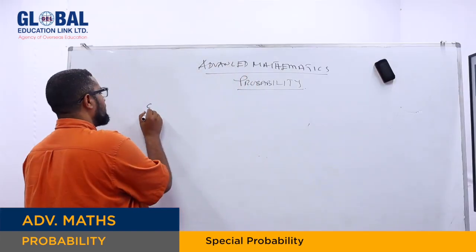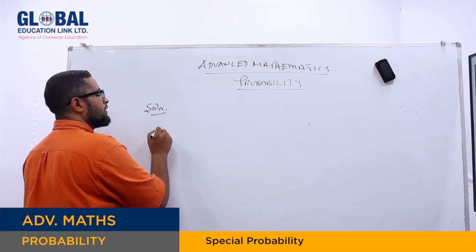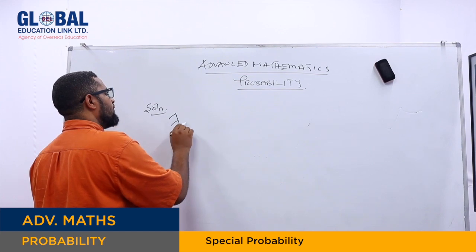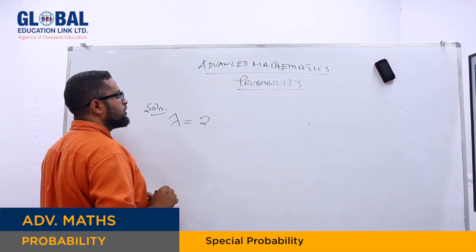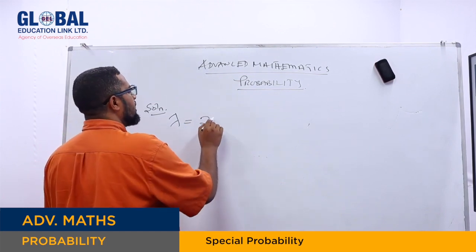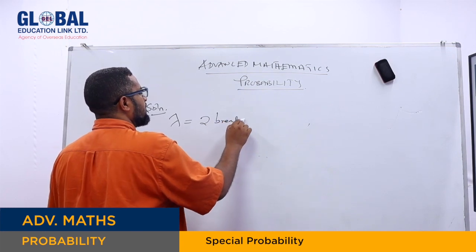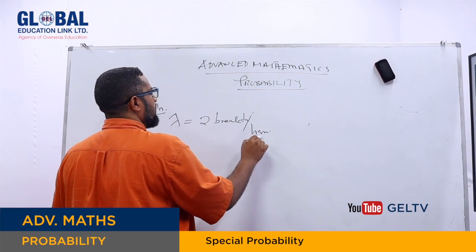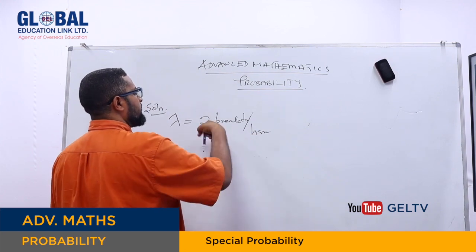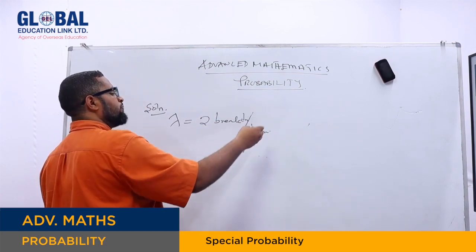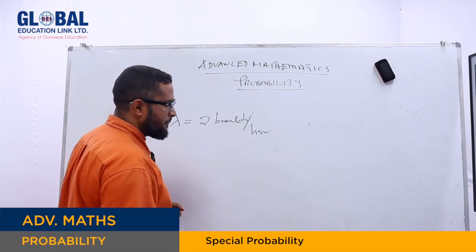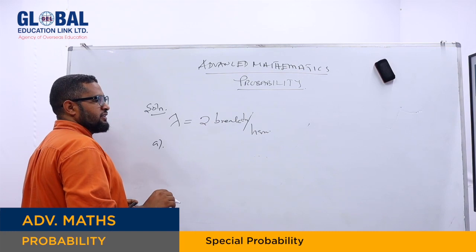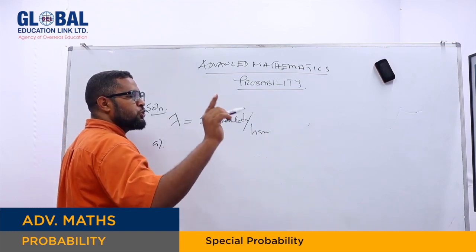So solution of that question. If you look clearly, you'll be having mean, which is 2 breakdowns per hour. As I said, in Poisson, there must be an interval of time. Part A, find the probability that more than 2 breakdowns.